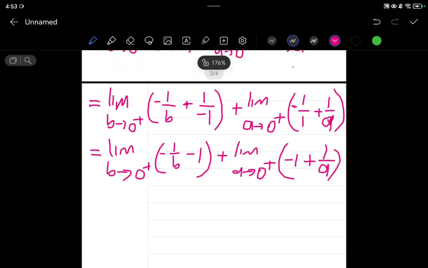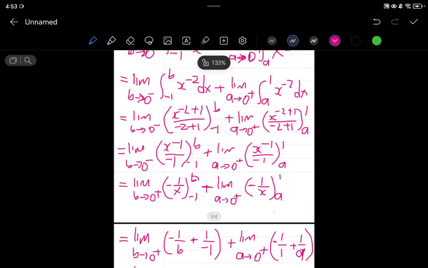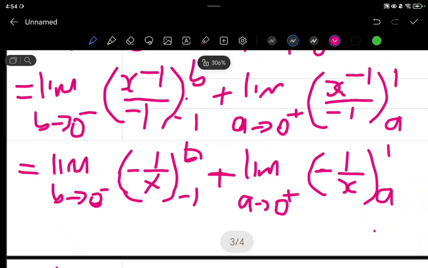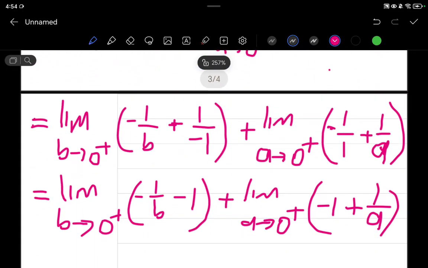Yes. How is it limit as b approaches 0 from the positive now? How did that change? Oh, I changed it to the positive by mistake. I didn't say this. Let me try to fix this.